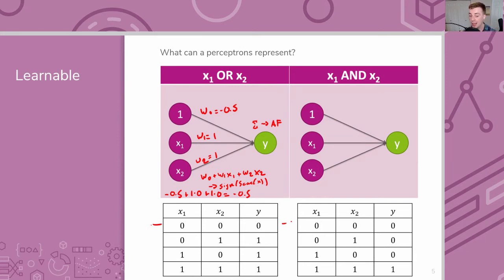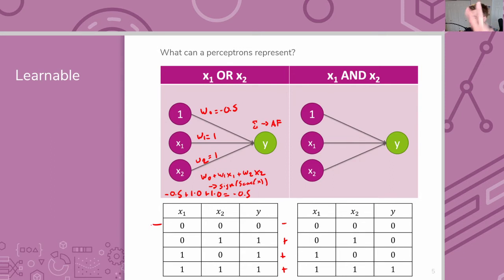Same thing if x1 and x2 are 0 and 1: we have minus 0.5 plus 1, which gives us a positive 0.5, which then when we take the sign takes us to 1. Same if x1 is 1 and x2 is 0, we get a plus. And if both of them were 1, we'd get 1 plus 1 minus 0.5, which is 1.5, which also gets rounded up to 1 when we take the sign of it.